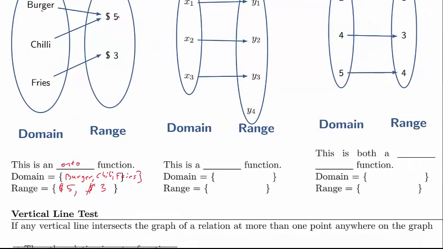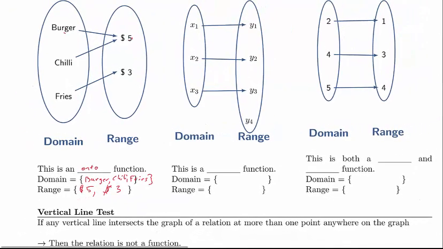Alright, so this next function is called a one-to-one function. One-to-one. And so we note that the basic quality of the one-to-one function is that everything in the domain goes to only one element in the range, right? So, for instance, this x2 is not going to y1.